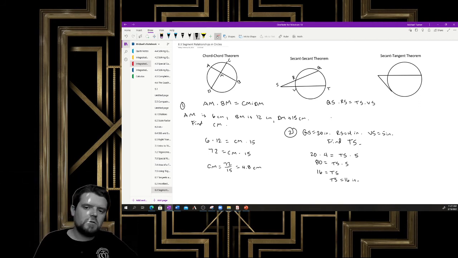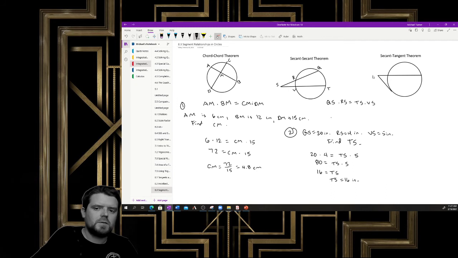And last, the third relationship that you're asked to know is the secant-tangent theorem. So with the secant-tangent theorem, you're kind of borrowing the first part of your secant theorem. So we'll call this just A, B, C, D. Okay.